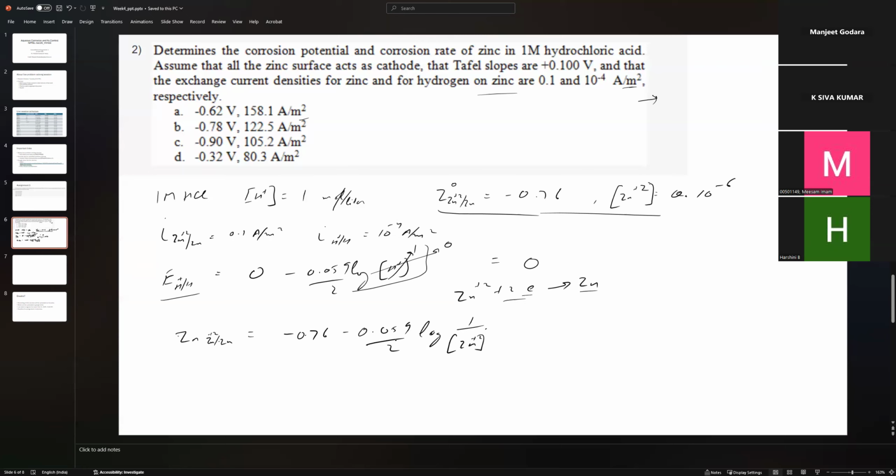The activity of zinc metal and electron is 1. So minus 0.76 minus 0.059 divided by 2 log of 1 over 10 to the power minus 6. The log of this goes up to the power 6, so this becomes minus 0.76 minus 0.059 times 6 divided by 2, which is minus 0.937.